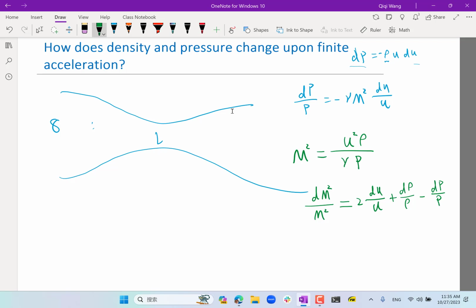No? Okay, then we already learned that both d rho over rho and dP over P can be represented as something proportional to du over u. The first term is minus M squared times du over u. The second term is the minus of minus gamma M squared du over u. And the first term is just 2 times du over u. That's something we derived at the end of the last lecture.